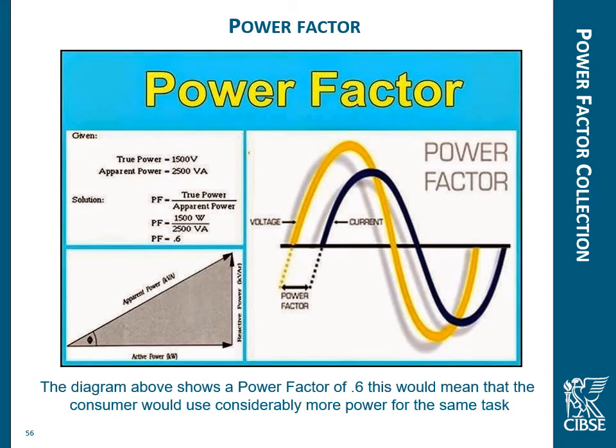We can see on that diagram that the voltage and the current are not in phase, leading us to a power factor of about 0.6. That's quite a low power factor. If you had a power factor of 0.6, you'd be using considerably more energy than you thought you were.